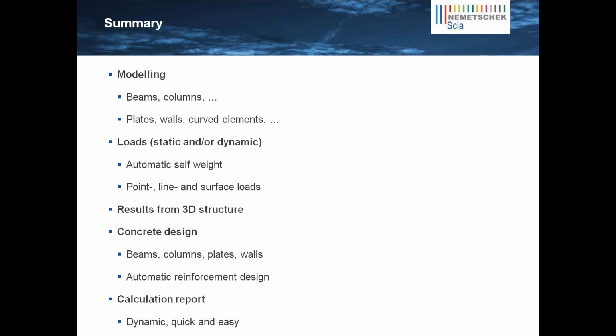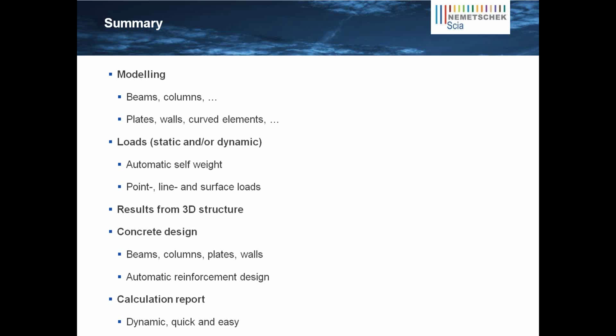It's from a 3D structure, so it means that all forces will change if you change the 3D structure or you change some properties. So for example, changing thicknesses of plates can also change the forces in your model. And in the concrete design, I explained a bit about how you can quickly ask for reinforcement in beams and columns and plates and walls, and you can also do automatic reinforcement designs for beams and columns.